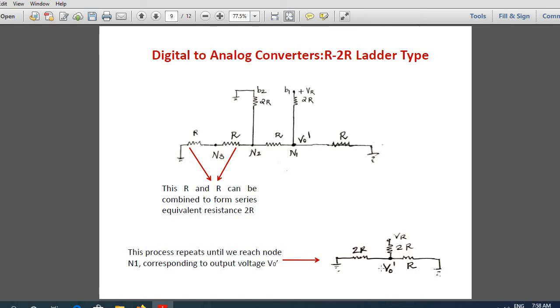It is just basic electrical engineering. So you will get a circuit like this where you have V0 dash, 2R resistance connected to VR. This is R to ground. And the effective resistance of this entire part, left-hand side of node 1, is actually 2R. You can analyze it step by step and you will reach a value of 2R.